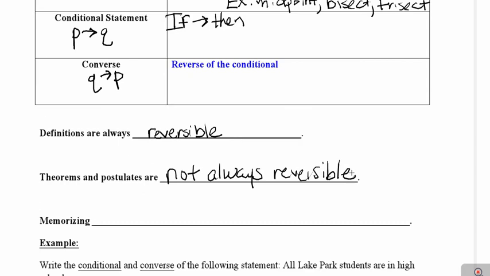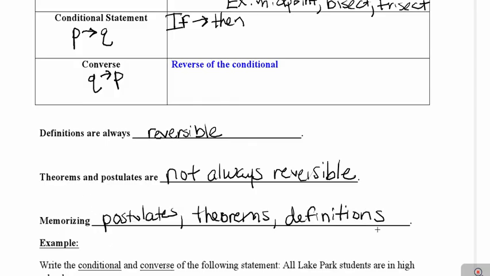That is not always going to be the case, so that would be an example of a theorem that is not reversible. The key to being successful in proofs and in honors geometry is taking time to memorize all of the postulates, theorems, and definitions.